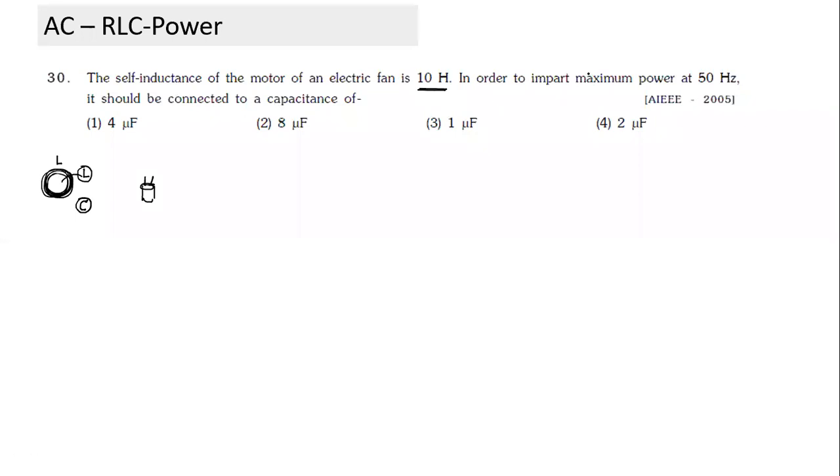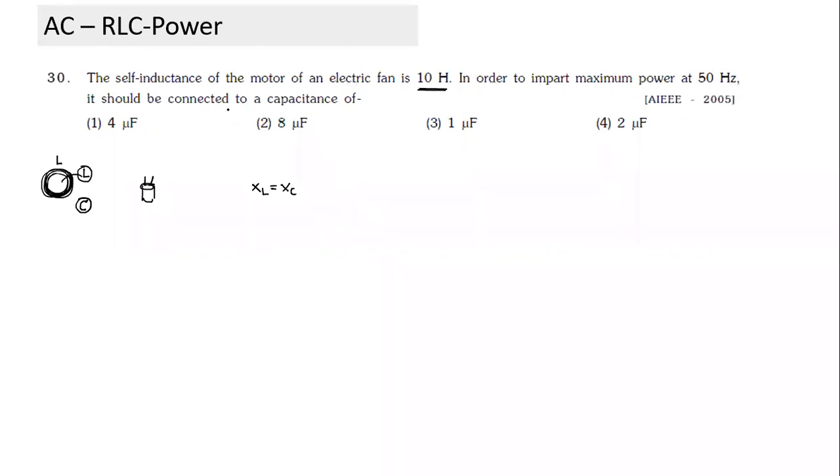What is necessary for power to be maximum? XL has to be equal to XC. If the circuit has more of an inductive property, by adding a suitable capacitor, a suitable XC, if they become equal, the power consumption in the fan is maximum, and the fan will run fastest.